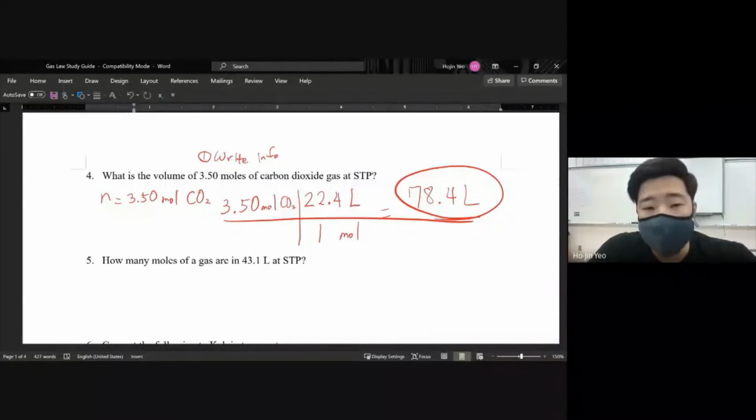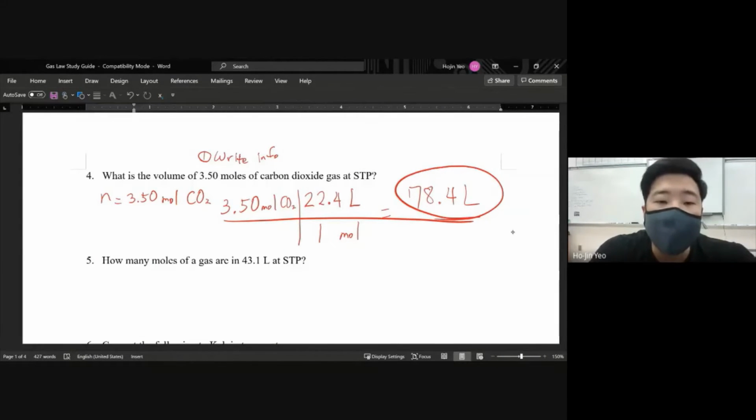So whenever you're solving these kinds of questions, what I would highly recommend is to look at the given information and check what the sig figs are. Depending on the sig figs in the given information, that is the sig figs you will use for your answer. So that's why we have 3 sig figs here.